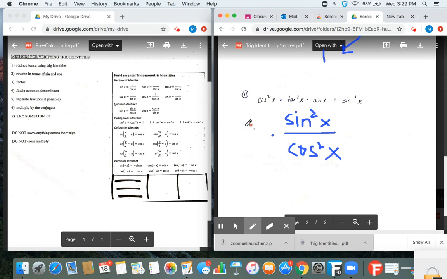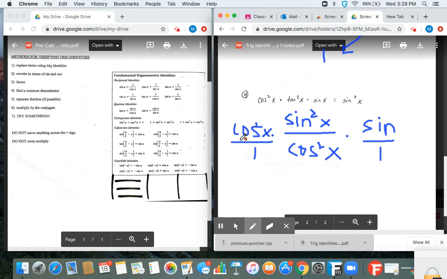All right. Now, the other two parts, the cosine squared, there's nothing to do there at this point. Just bring that down. And if you'd like, you can put it over 1 if that helps you see it a little better. And the sine x can come down too, and I can also put that over 1. So again, we have this in mind that this somehow has to equal sine cubed x.